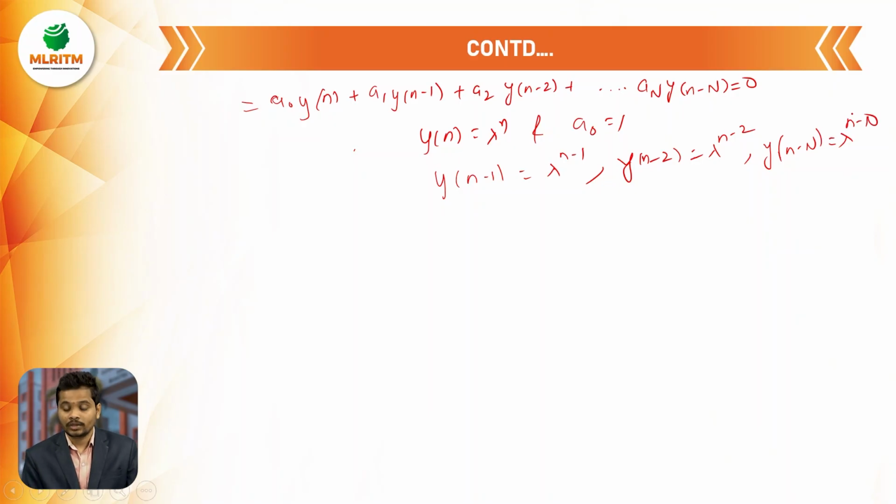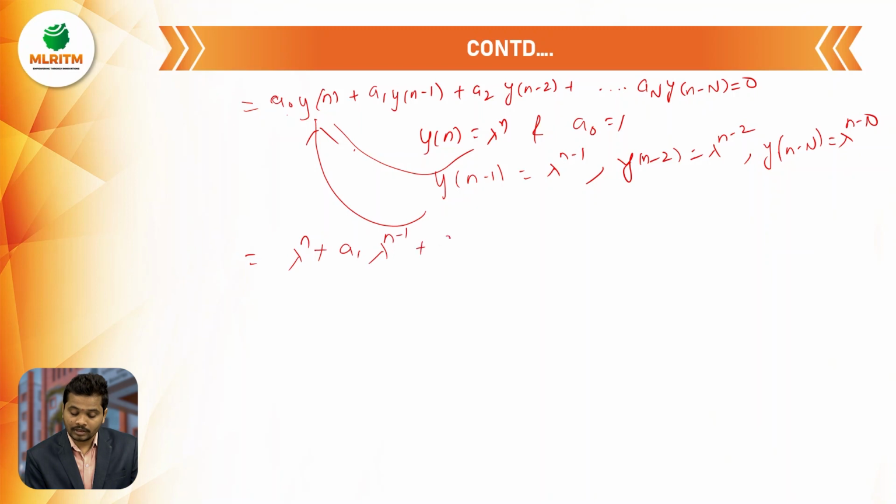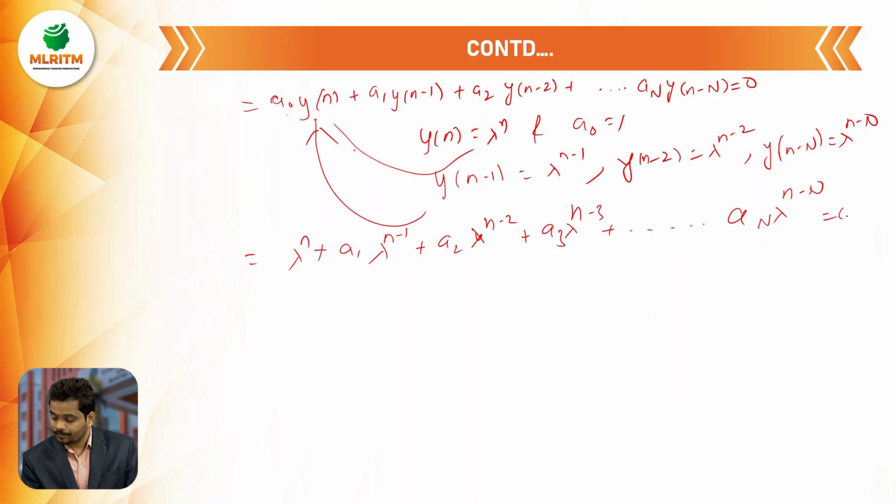Substituting all these terms into the difference equation, we get lambda power n plus a1 lambda power n minus 1 plus a2 lambda power n minus 2 plus a3 lambda power n minus 3, and so on up to an lambda power n minus n, equals 0.